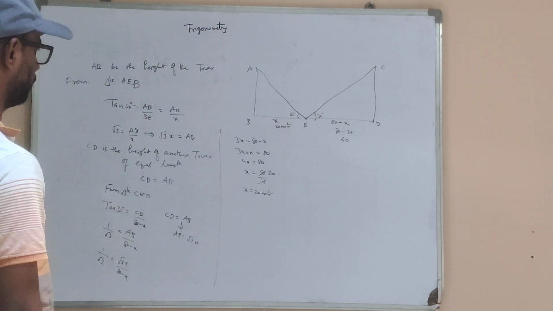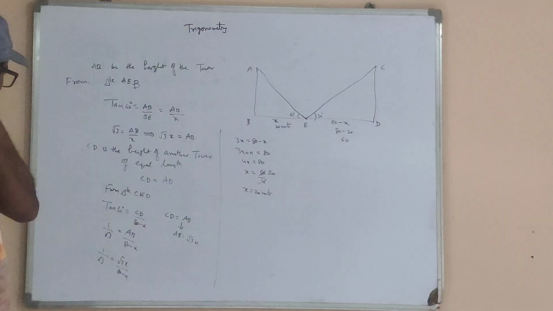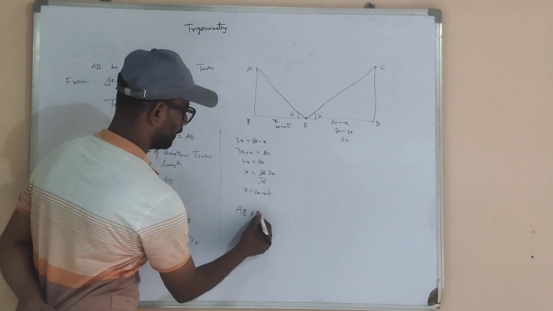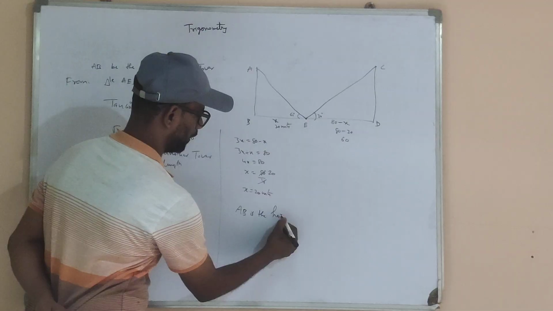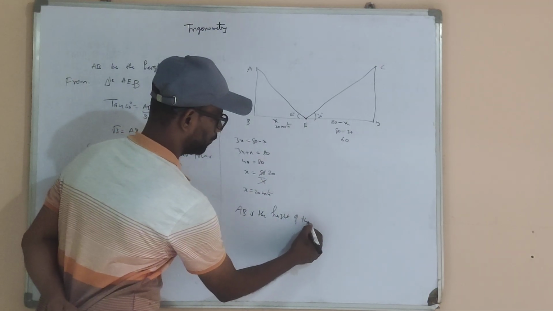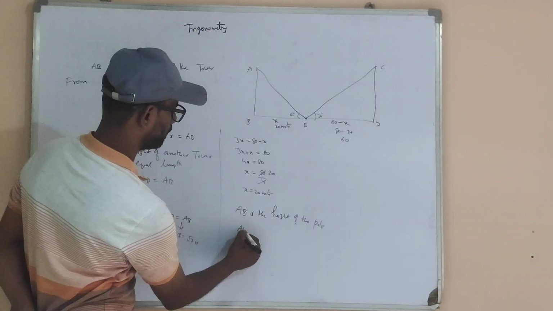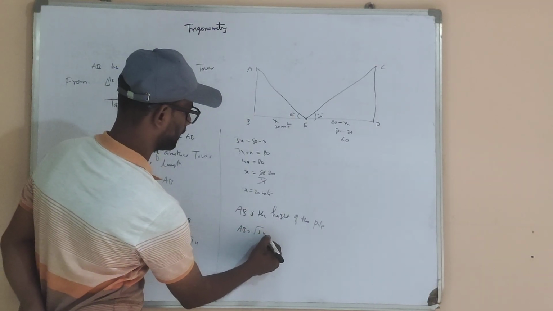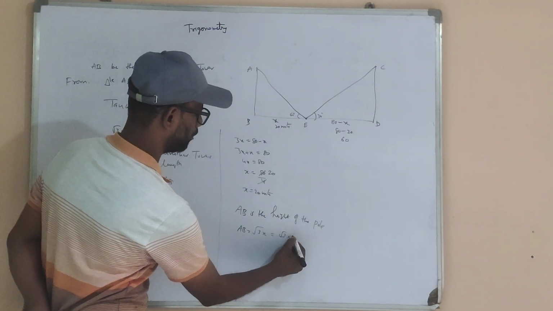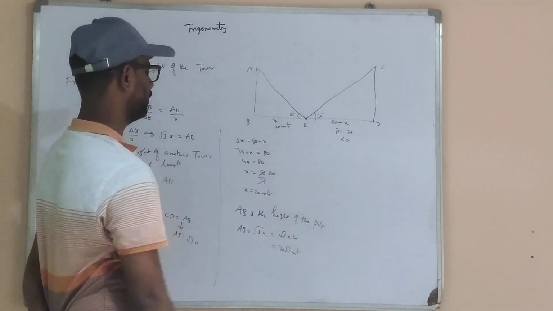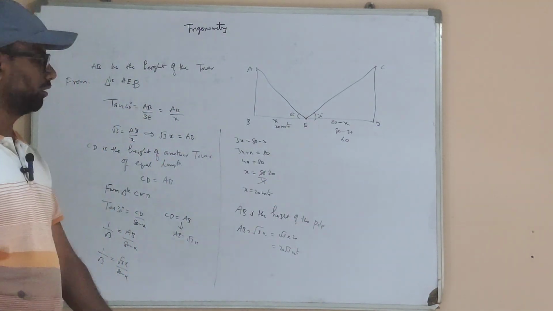AB is the height of the pole. We know that AB is equal to root 3x, that is root 3 into 20, which is 20 root 3 meters. That is the height of the pole.